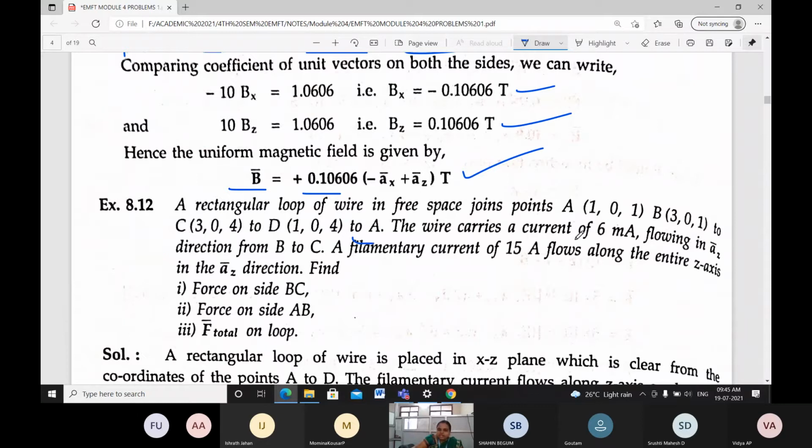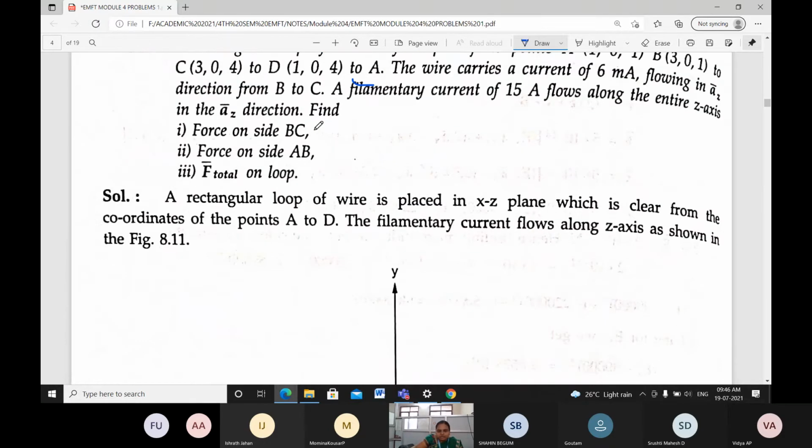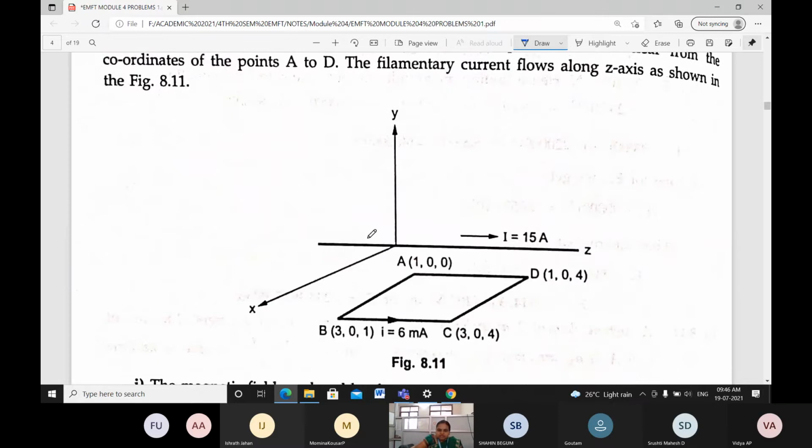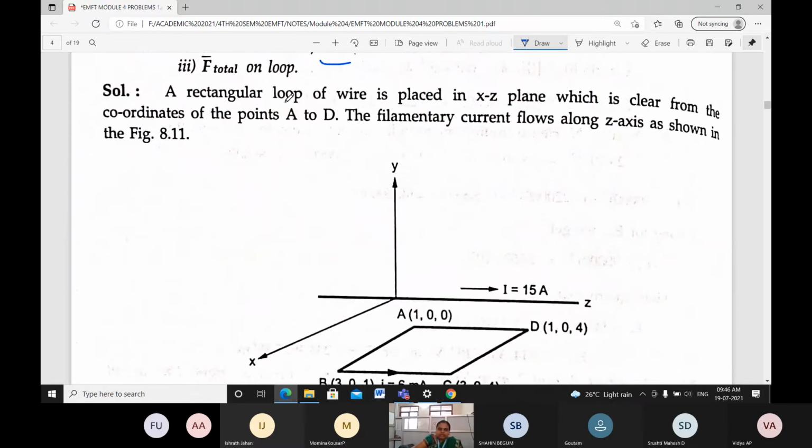Then the wire carries a current of 6 milliamps flowing in the AZ direction from B to C. Then a filamentary current of 15 amps flows along the entire Z axis in the AZ direction. Based on this, we have to find the force on sides BC and AB, and also the total force on the loop.